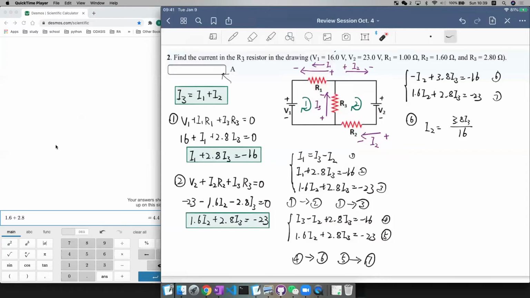Okay, so now we have equation 6, and we already derived the most useful part, which is I2. I2 is this term, so we now substitute 6 into 7. It becomes, it is actually I3 times 16, right?